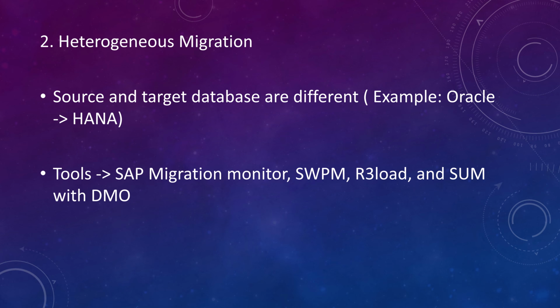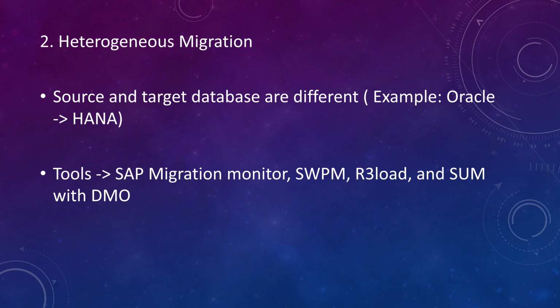Now, let's move to the second type, heterogeneous migration. In heterogeneous migration, the source and target systems have different databases. For example, migrating from Oracle to HANA. This type of migration is more complex compared to homogeneous migration because the database platform is changing.